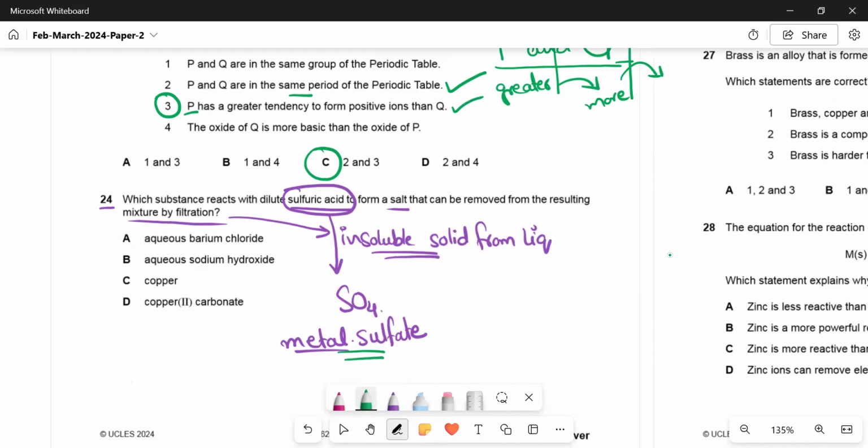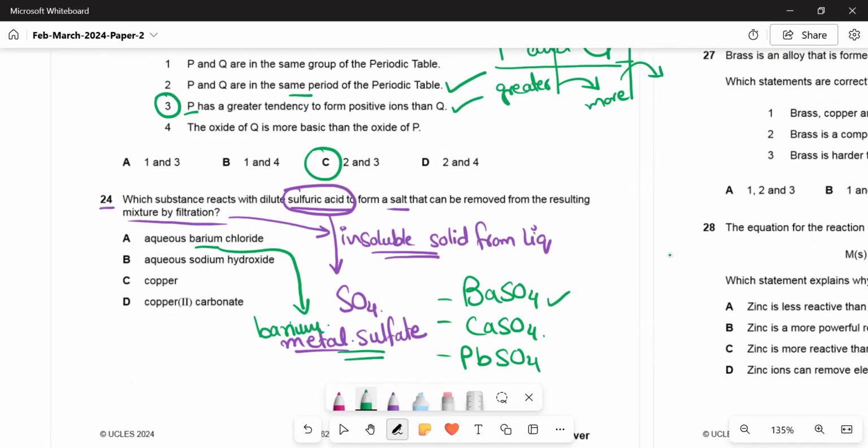So is it barium chloride? Barium forms barium sulfate. If we have barium, then barium will form barium sulfate. And barium sulfate is insoluble. All the sulfates are soluble except barium sulfate, calcium sulfate, and lead sulfate.